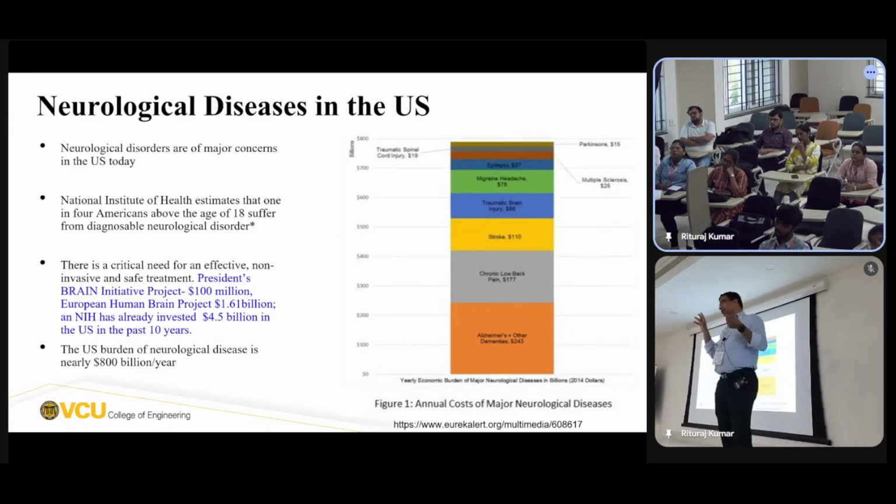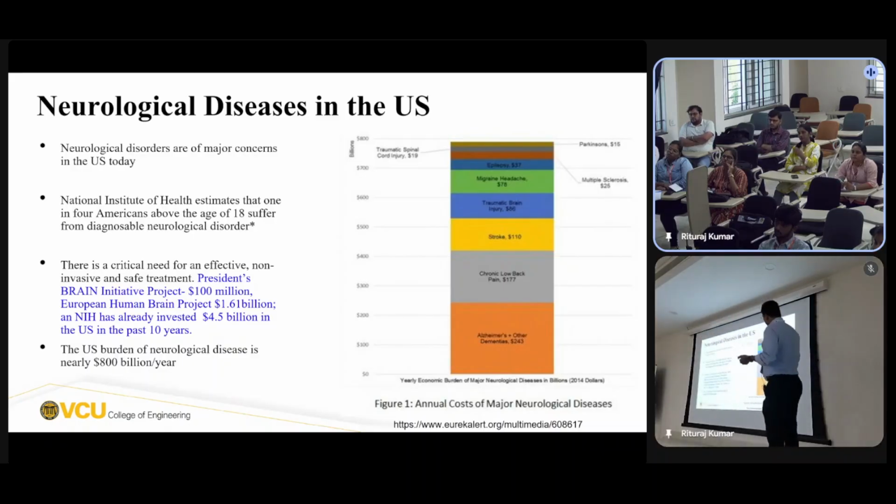With neurological disorders, some biological structure has changed. With psychiatric disorders, if you do brain imaging, you can't see anything different. It looks like a normal brain, whereas with neurological you will see some difference, right?